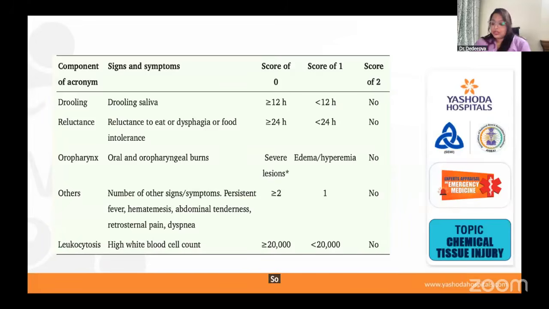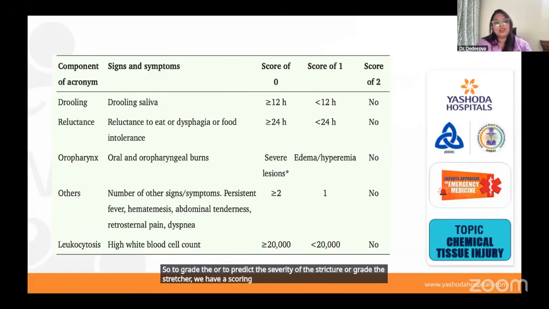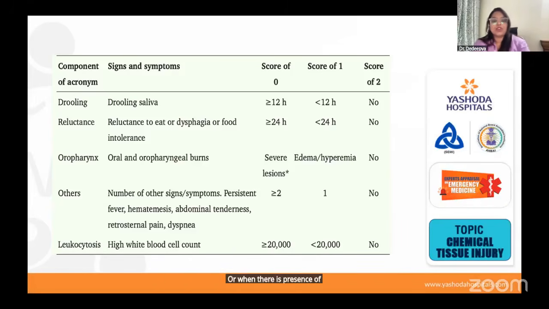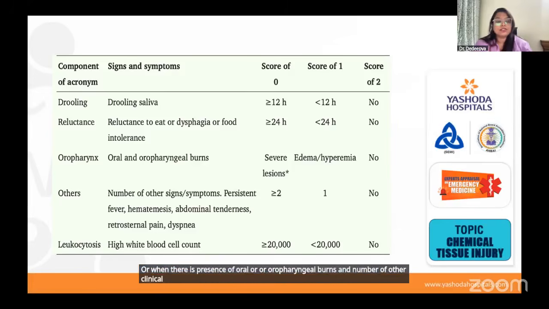To predict the severity of the stricture, we have a scoring system called RULE. It's an acronym with components of drooling of saliva, reluctance to eat, or having dysphagia or food intolerance, or presence of oral or oropharyngeal burns, and a number of other clinical features like persistent fever, hematemesis, abdominal tenderness, retrosternal pain, dyspnea, and high WBC count.